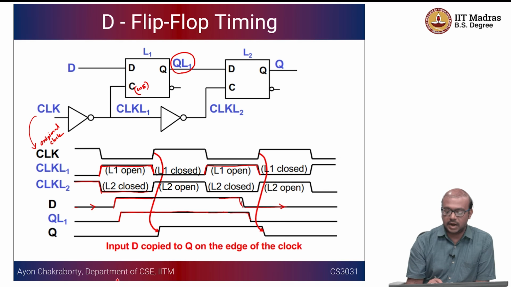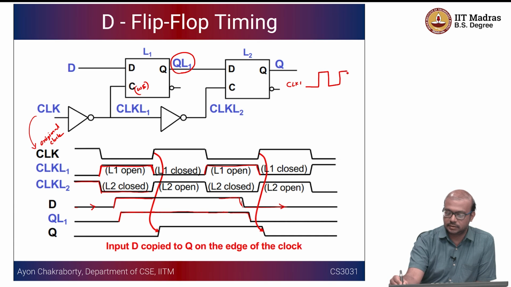That requires you to understand that there are two NOT gates. If I draw, for example, clock 1, it may look like this, and I will also draw clock 2 with a dotted line.